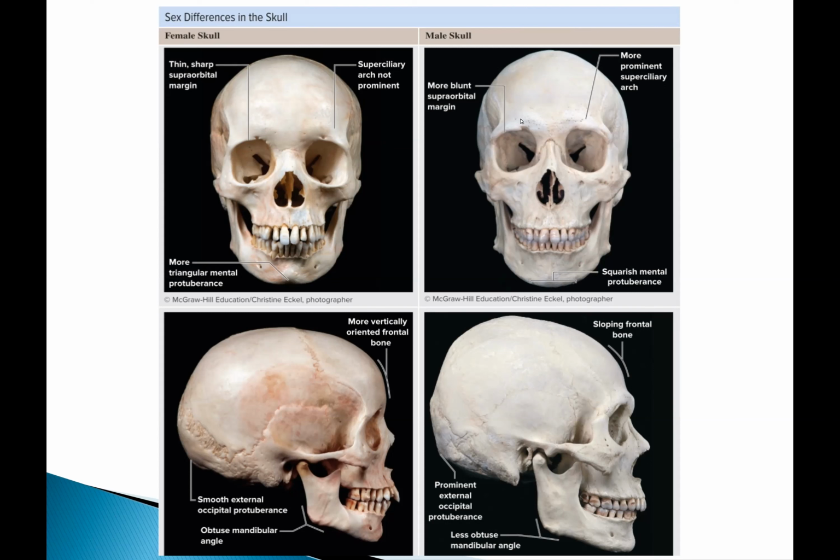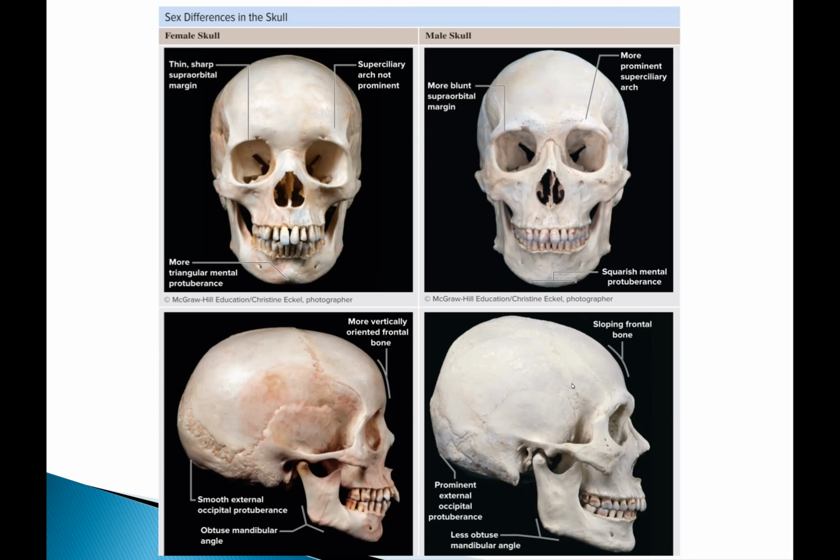So that's where the eyebrow comes in. A very prominent superciliary arch right there as well. When you look at the mental protuberance, the chin, the men tend to have a very square mental protuberance, while a female skull will come down to a sharper triangular mental protuberance.